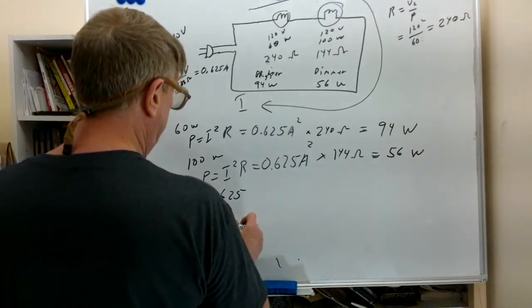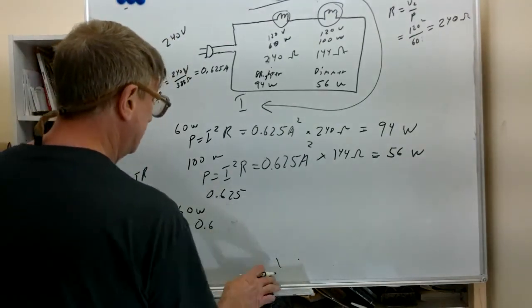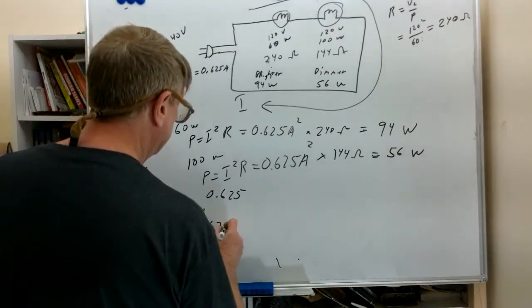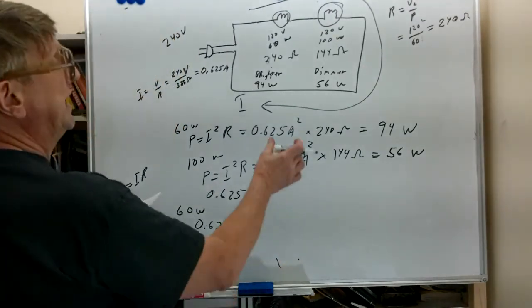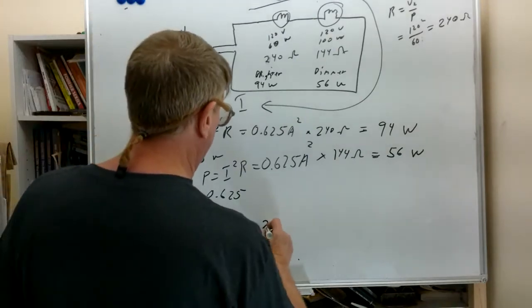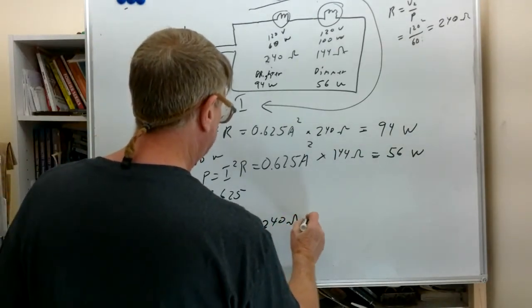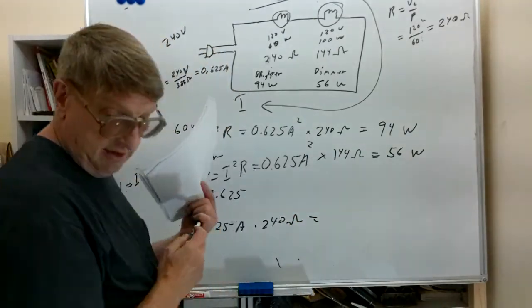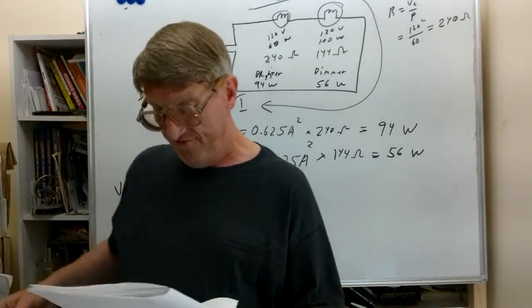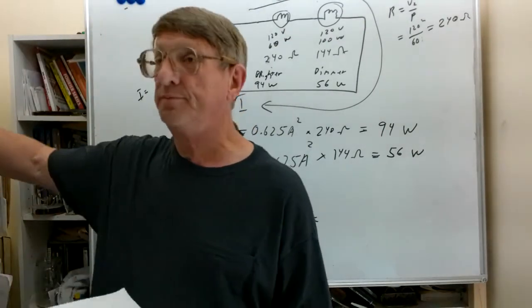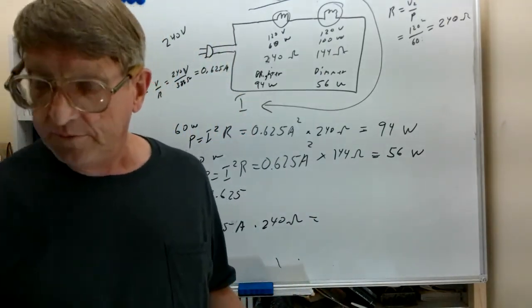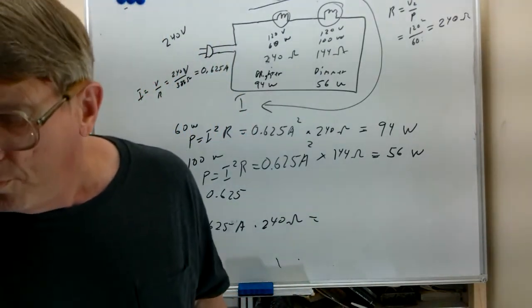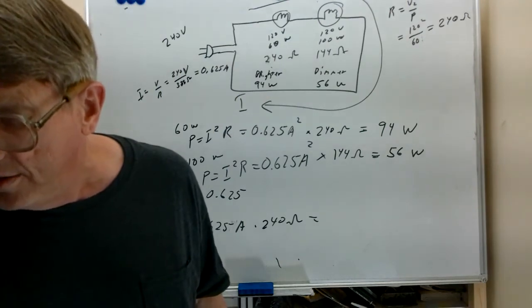0.625 amps, and we're going to multiply that times the resistance we calculated up here to be 240 ohms. So let's take my calculator and calculate that voltage. 0.625 times 240.